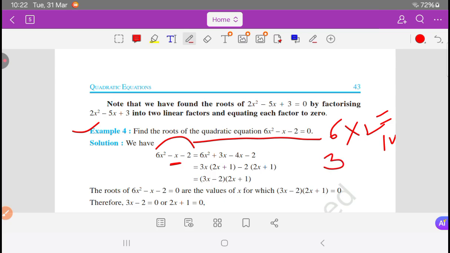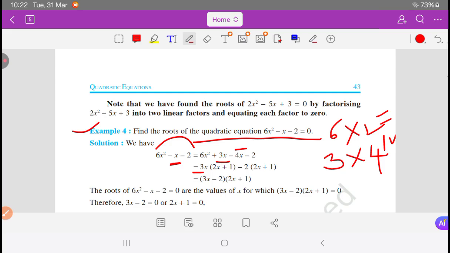The 12 can be written as 3 multiplied by 4. So minus x can be written as plus 3x minus 4x. So the equation becomes 6x square plus 3x minus 4x minus 2.